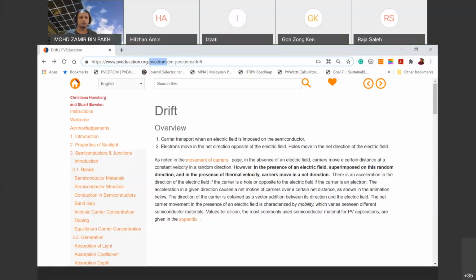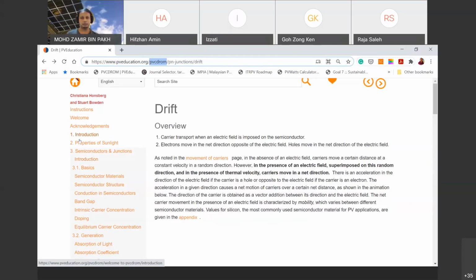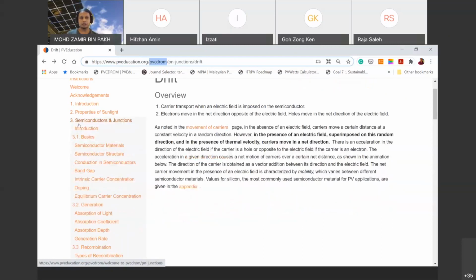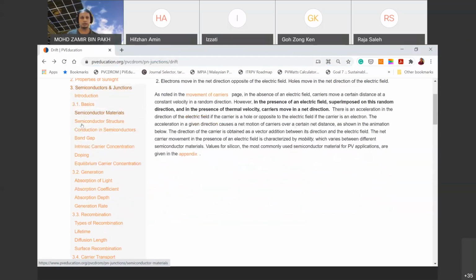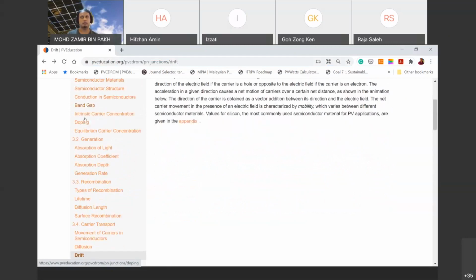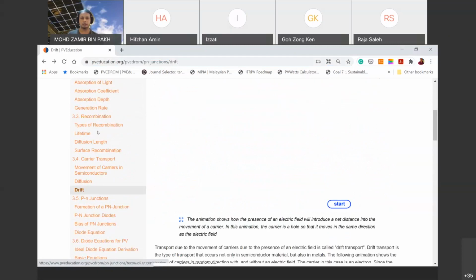If you look at the contents on the left, you can see introduction, properties of sunlight, semiconductor and junction. If I open this up, you can see semiconductor structure, conductivity, band gap, all the stuff that you have learned before, and most of the stuff that we're going to learn after this. Generation, recombination, and so on.